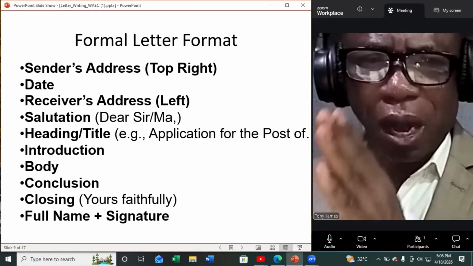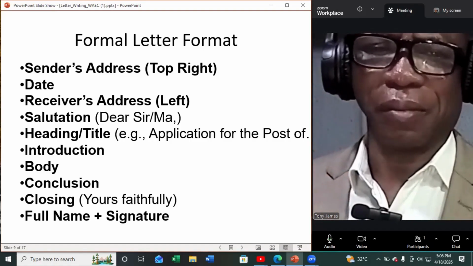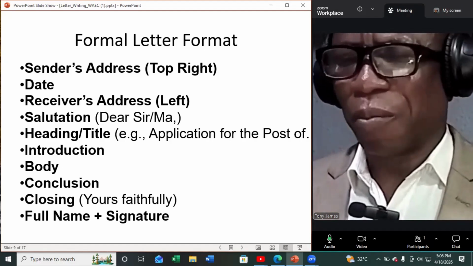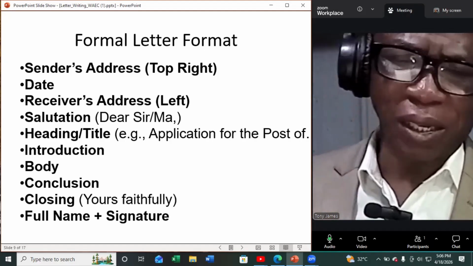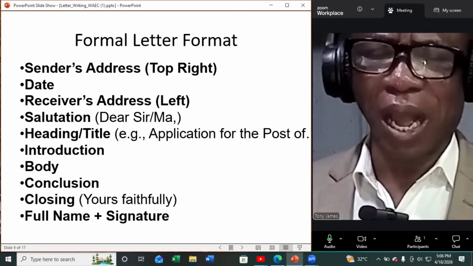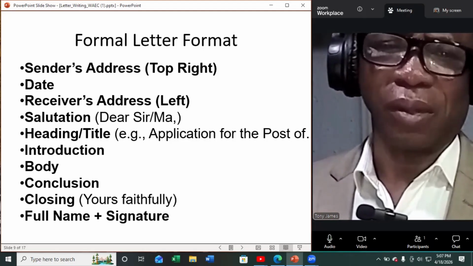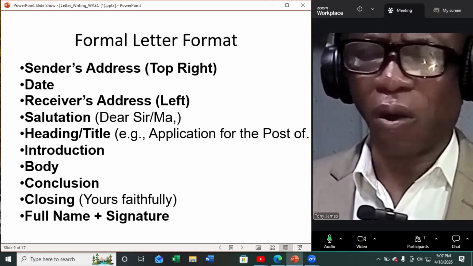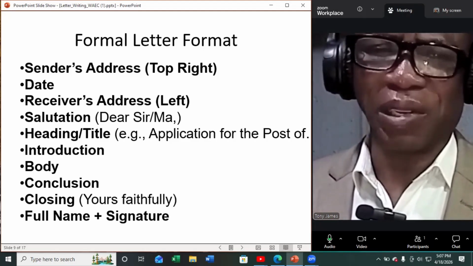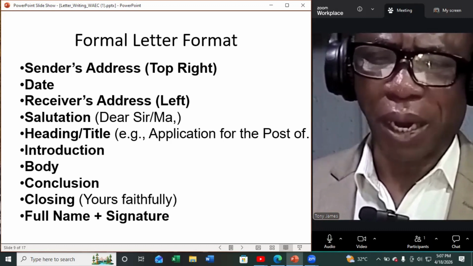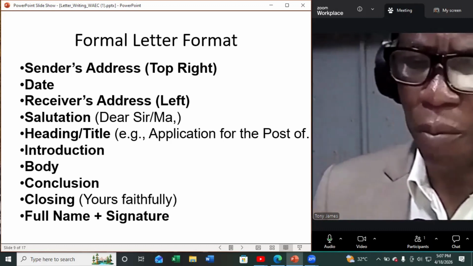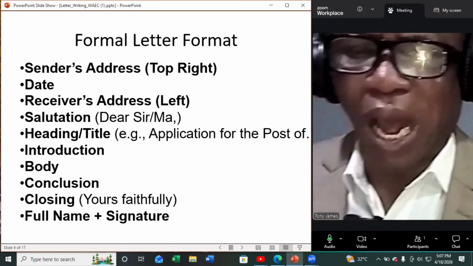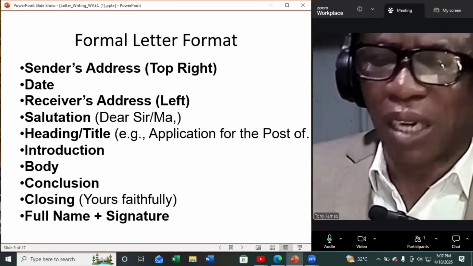Under an informal letter, it could be allowed to be slanted, but for a formal letter, it is not allowed. It is not allowed for the address to be slanted. But under an informal letter, that could be allowed. So the address of the writer has to be made straight.